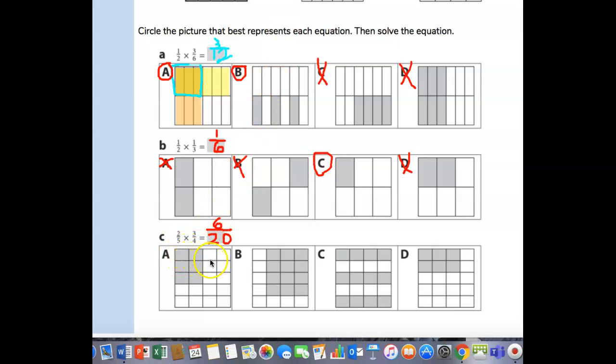That's 1, 2, 3, 4. That's what we did. Okay, times 2/5. 1, 2, 3, 4, 5. 2/5. Let me change the color.